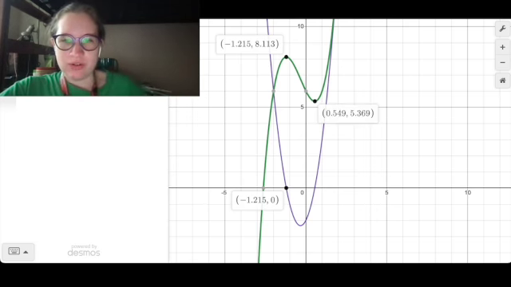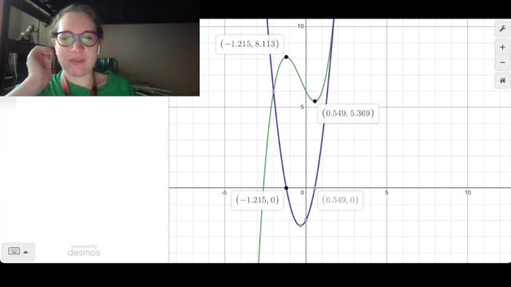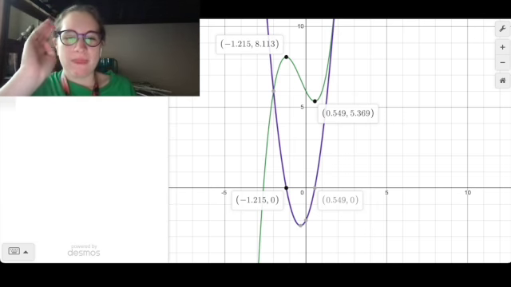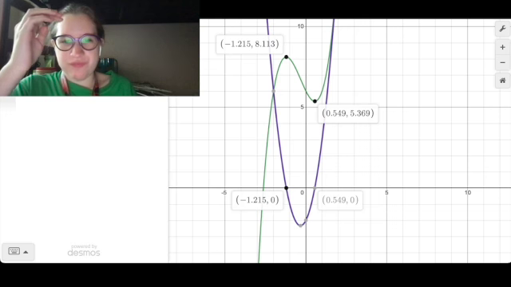Meanwhile, over here, on the other hand, we have that x-coordinate, which matches up with this x-coordinate right here, showing us again that we have a minimum where there is a root of 0.